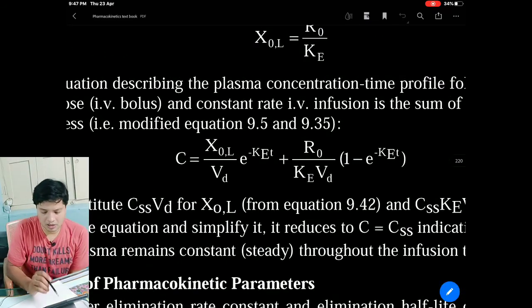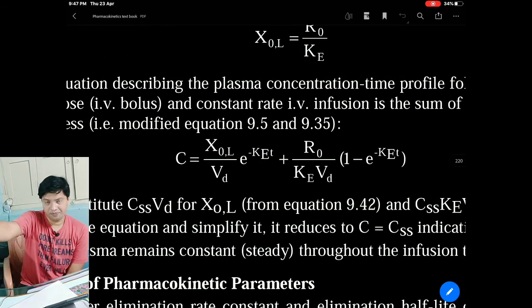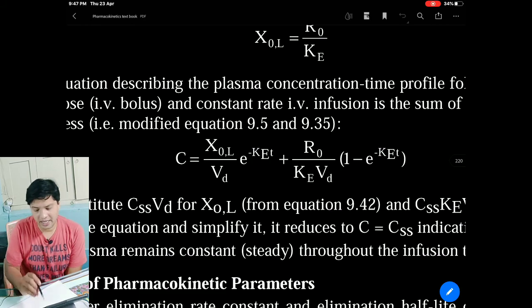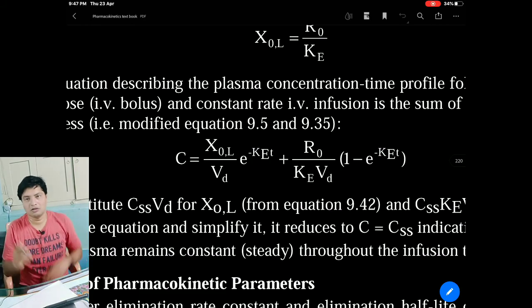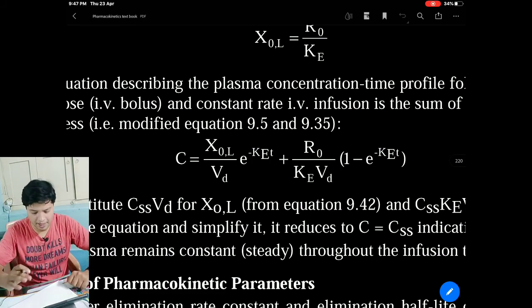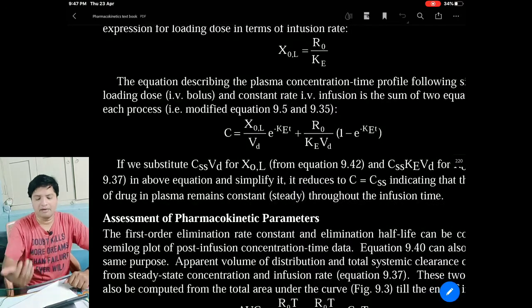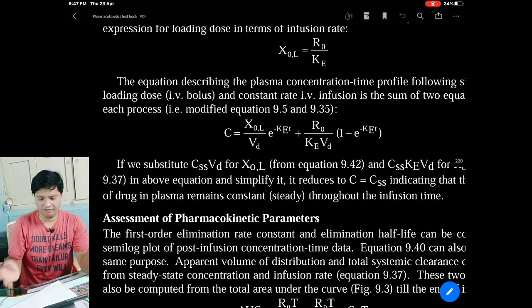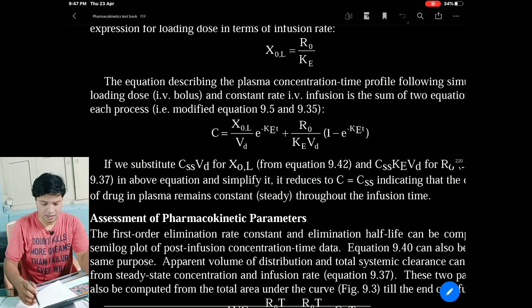So concentration over a period of time in the body can be described by, first, this is the IV bolus equation, and second, the IV infusion equation. So both I am going to combine, and I will try to get the concentration of the drug in the body over a period of time.